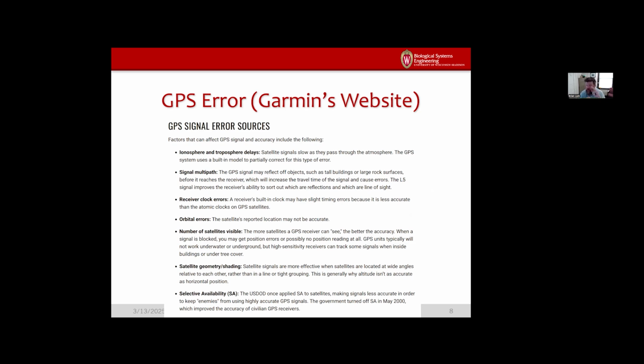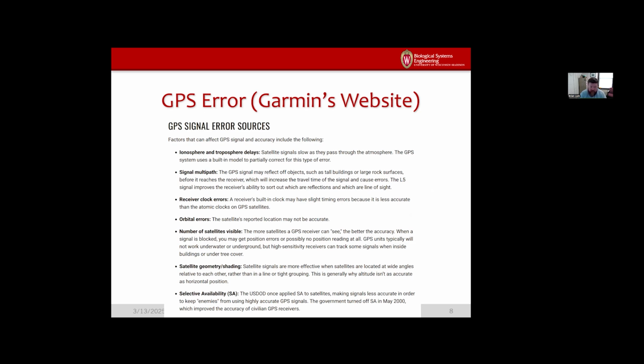It's actually bouncing off 2 or 3 buildings before it gets to you. If that happens, then that affects the amount of time that it took for that signal to travel. And if you've ever been in the city and looked at your GPS and seen your car in the middle of a building, as it's displayed, that's exactly what's happening. It's multipath error. So basically, it's not taking a direct line to the receiver and the calculations are off.